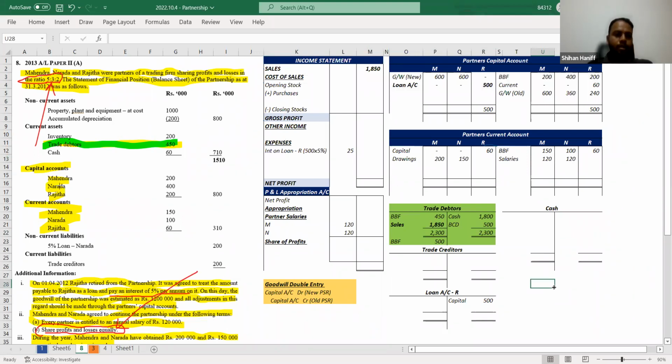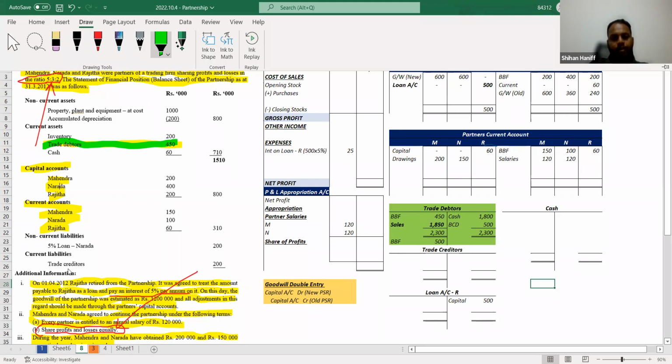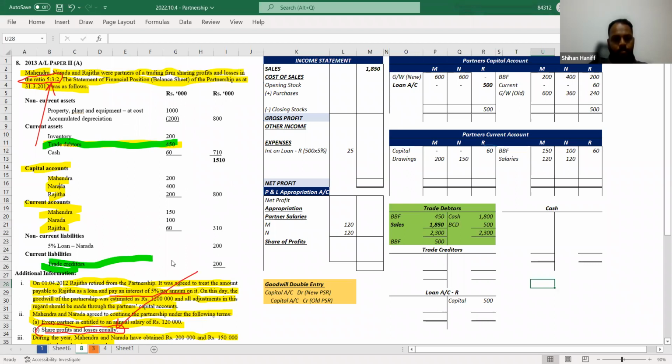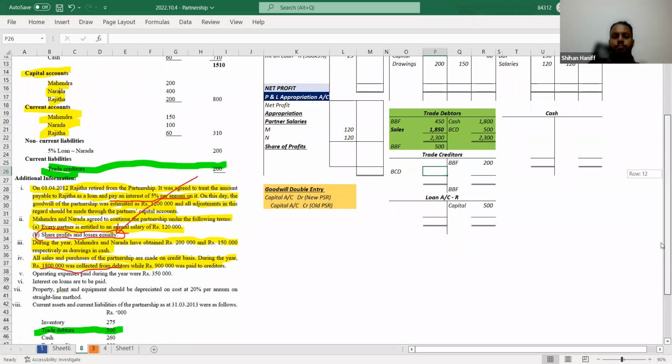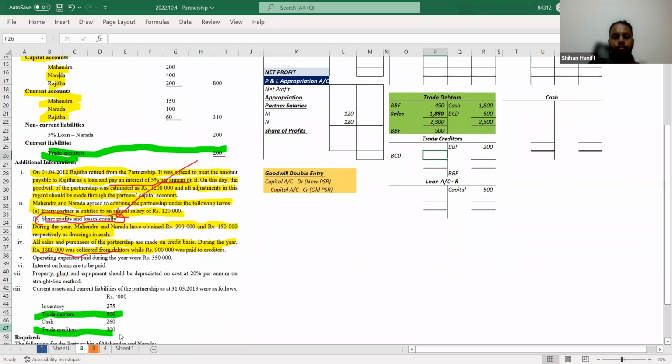Okay. Now, at the same time, we can do the trade creditors to find out the purchases. Opening trade creditors 200. Transfer over 200. Closing trade creditors, it's 300.